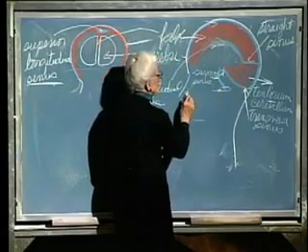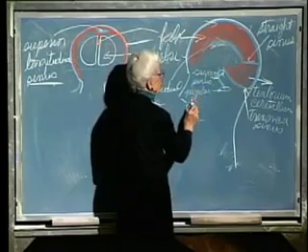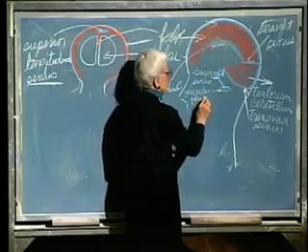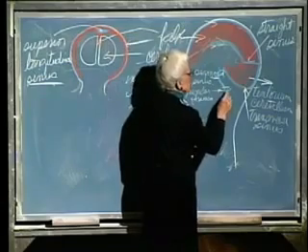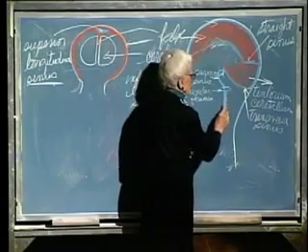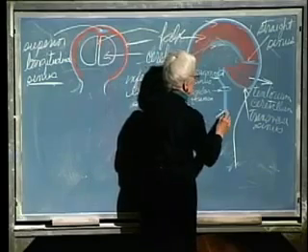Jugular foramen, jugular means neck, and become the internal jugular vein that's going to go down to your superior vena cava.